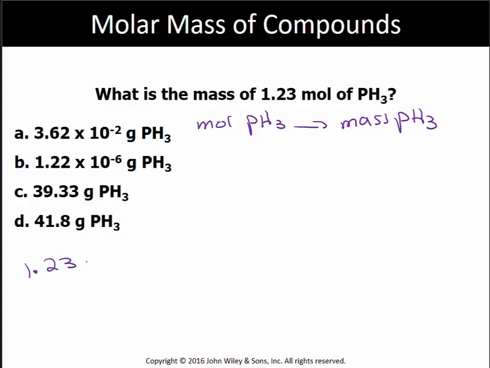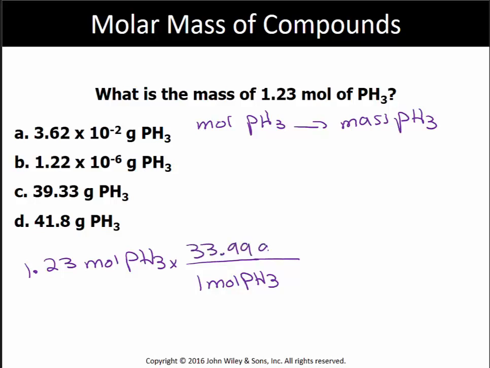So in order to go from moles to mass, we're going to need the molar mass of phosphorus trihydride, which is the mass of 1 phosphorus and 3 hydrogens, which is 33.99 grams of phosphorus trihydride.